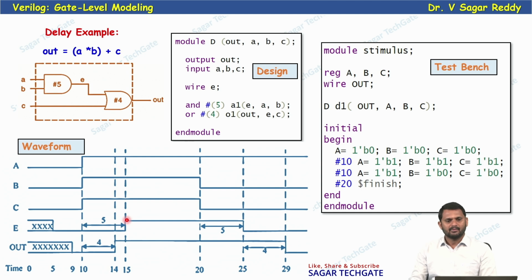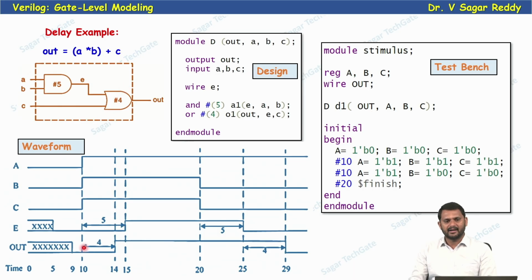Now in this case, at time 10, what is c? c is 0 to 1. c is 1. What about e? e is also 0. Now this is an OR gate. If one input is 1, then output equals 1. We have c going from 0 to 1, so c becomes 1 at time 10. That output should be 1 for this OR gate.